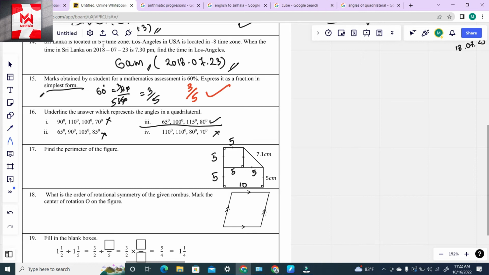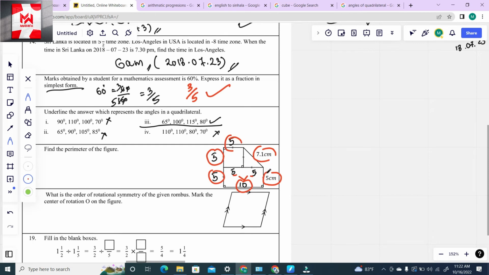To find the perimeter means only the boundary line. I wrote this 5 and this 5 to find this side. But when you want to find the perimeter, you add 5, 7.1, 5, 5, 10, 5. You don't want to add the internal lines, internal sides.